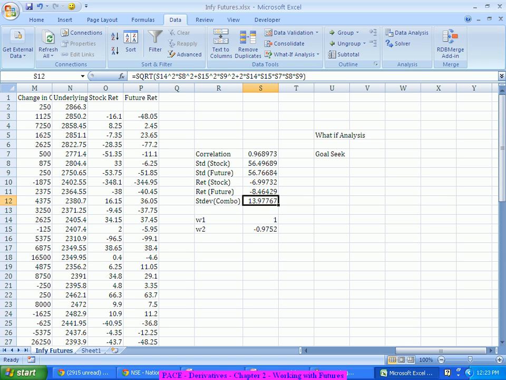That is the least possible risk, and that risk is possible when for 1 share of the security, you are selling 0.97 shares in the derivative market, or probably for 100 shares of the stock market, 97.5 shares in the futures market. That is what is going to bring down your risk drastically, though it is not 0.